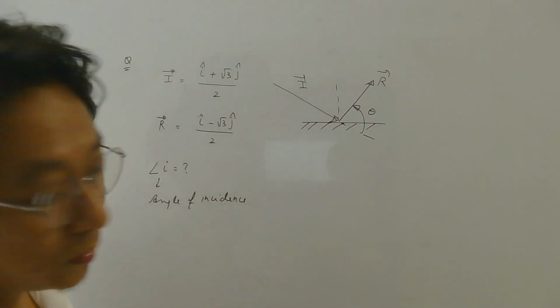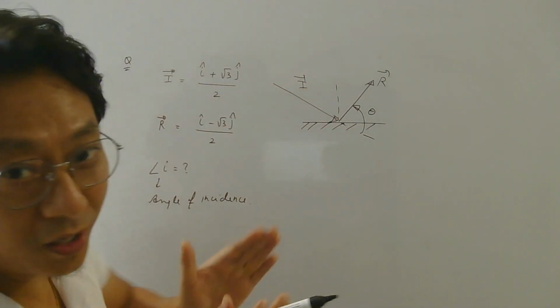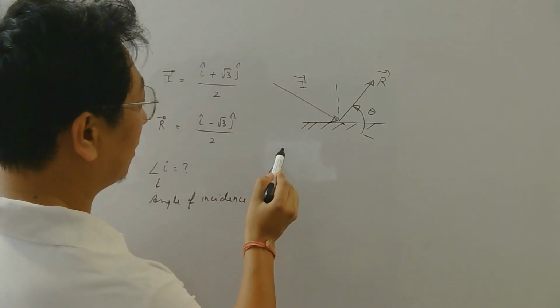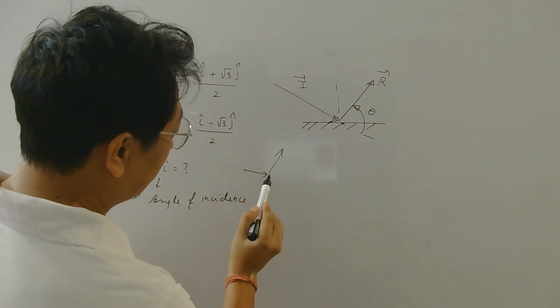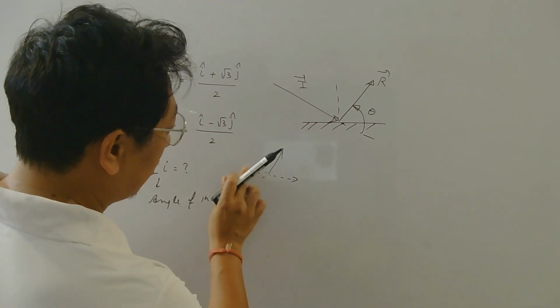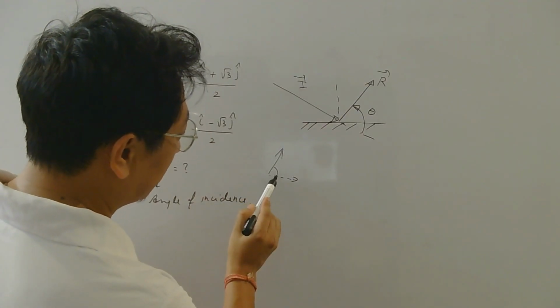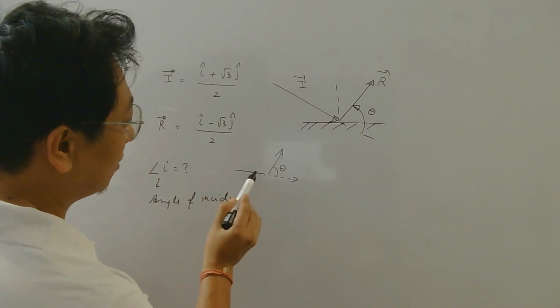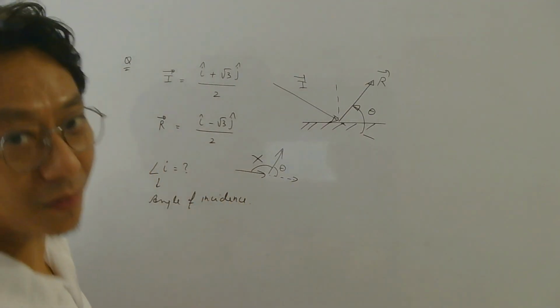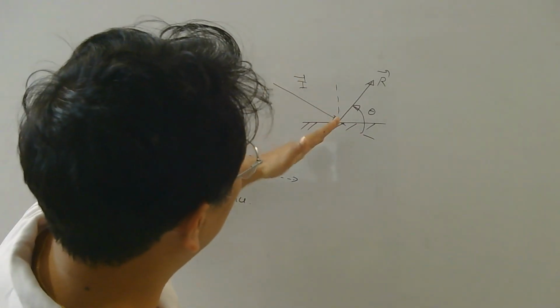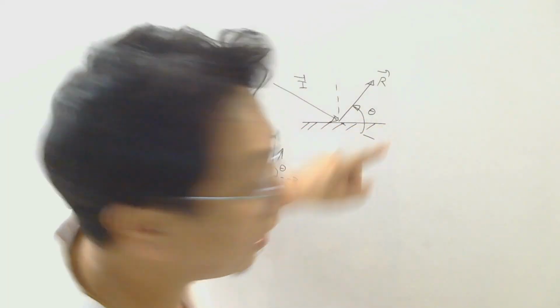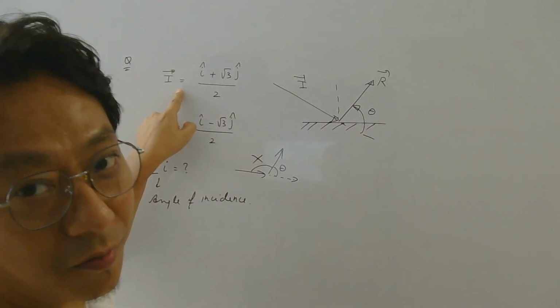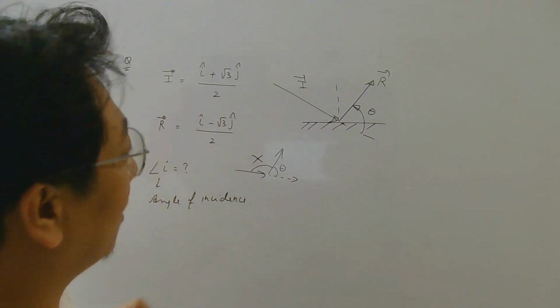Okay, so the angle between two vectors is found by joining their tails. So if one vector is here, one vector is here, you have to translate this vector and then you say the angle between the vectors is this, not this, remember. So if you translate this vector here, this would be the angle between the incident ray vector and the reflected ray vector.